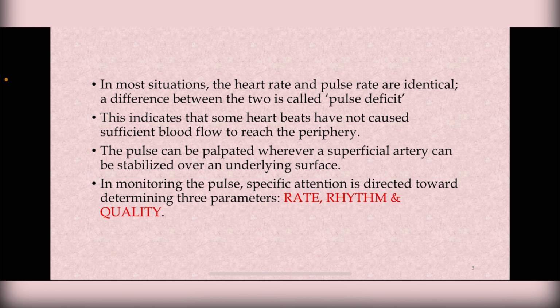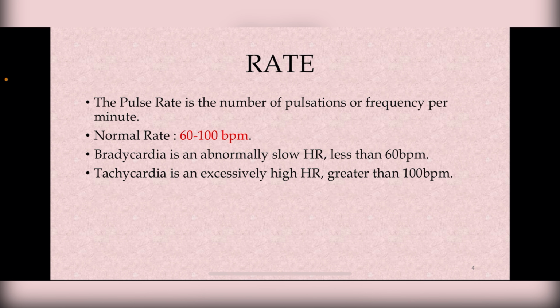So basically if you palpate your pulse at the radial artery and if you are also checking your pulse directly through a stethoscope, if there is any difference between the radial artery pulse and the stethoscope pulse, that is pulse deficit. Understood? Now, in monitoring the pulse, specific attention is directed towards determining three parameters: rate, rhythm and quality.